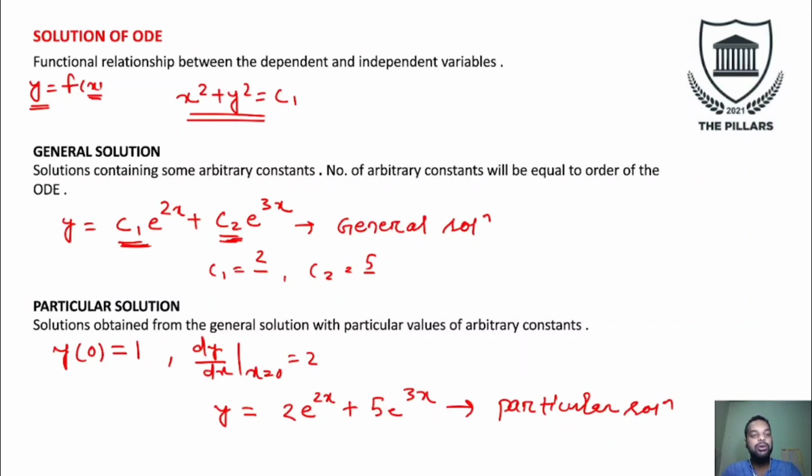So we call this a general solution, and if we are given some conditions, then we can apply these conditions to the general solution and find the particular values of the arbitrary constants, here c1 and c2. Then we can say that the solution is a particular solution.